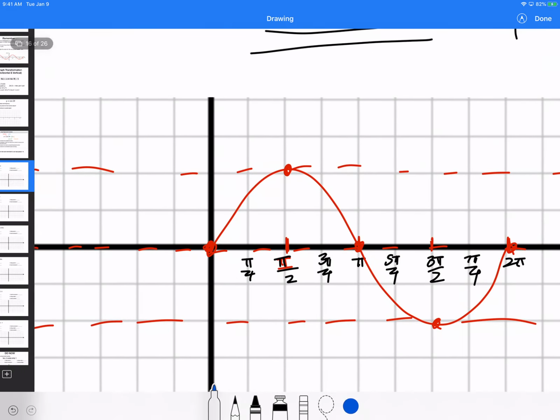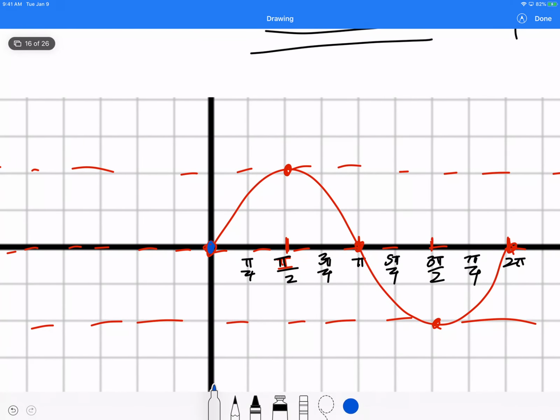So if I zoom in here, my starting point is the same, but my max is reached at pi over 4 because that's my new increment. Then it reaches the midline at pi over 2. Then at 3 pi over 4 it reaches the min and goes back to mid. What you notice is that one complete cycle happens every pi period.